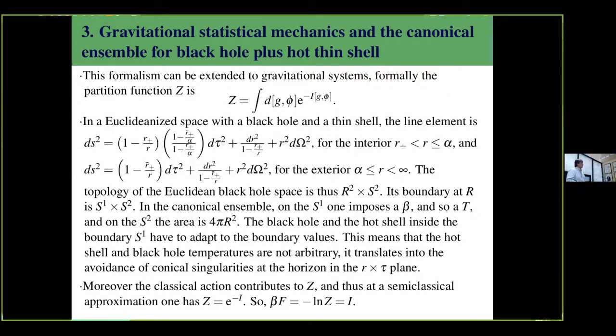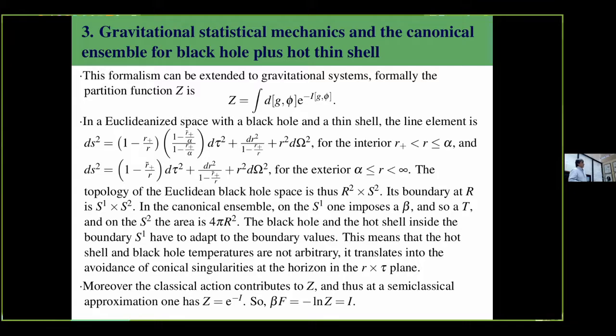formulation. Now, this formalism can be extended to gravitational systems, and the partition function is now formally written as the integral over the fields g and phi of e to the minus I, where g is the gravitational field. Now, we know that we have to Euclideanize time, so we have a Euclideanized spacetime, with tau and r ranging from r plus to the radius of the shell.